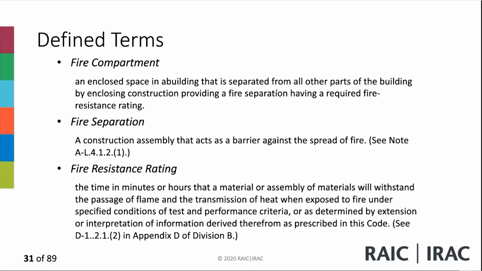But we've got assigned finish flame spread ratings for certain types of materials in D3. So Appendix D is a very useful appendix. A lot of useful technical information on fire performance of materials, on fire resistance ratings, on flame spread ratings, as well as on combustibility. So take time to go through it.